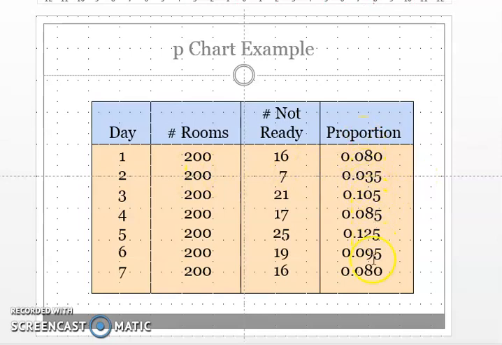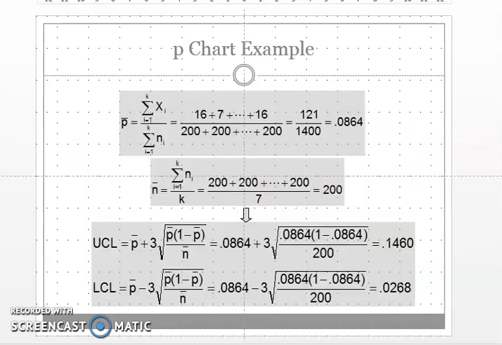In this way you have to calculate all 7 days' proportions, and use this to calculate p bar, the average. Here p bar is equal to the summation of xi, i equal to 1 to k, divided by the summation of ni, i equal to 1 to k.